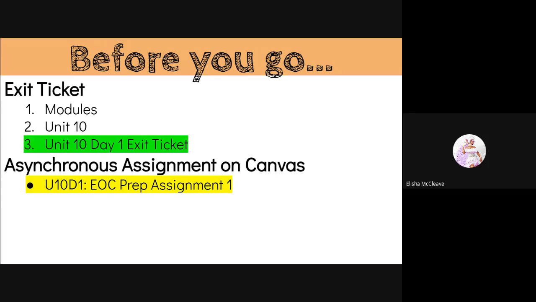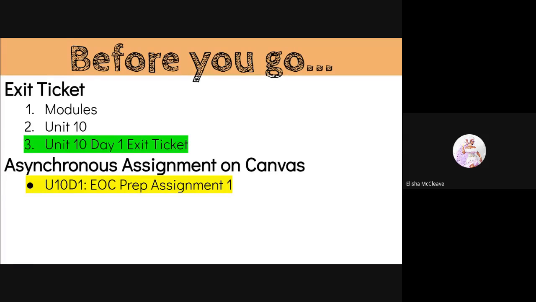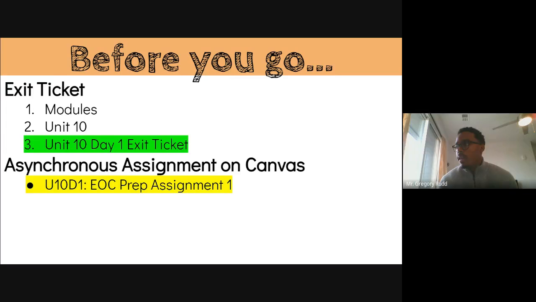It still isn't there for me. And did you refresh the page? I refreshed it and then I left the page and then I went back in. Okay, I think it was because I didn't click save. All right, let's try it now. Hopefully that was it.